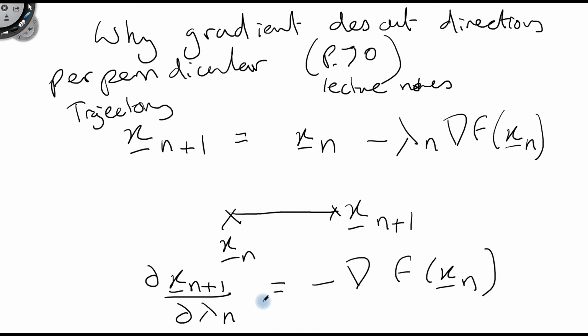Basically the gradient is saying that the increment of x n plus 1 at the end is in the direction of minus grad f of x n, which is entirely the way the method is set up.